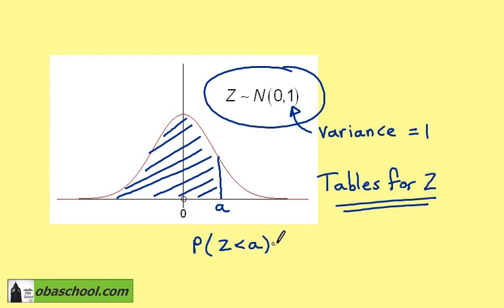As we'll see later, any normal curve can be transformed onto the standard normal, and so using tables we can work out probabilities for any normal curve without the need to integrate.